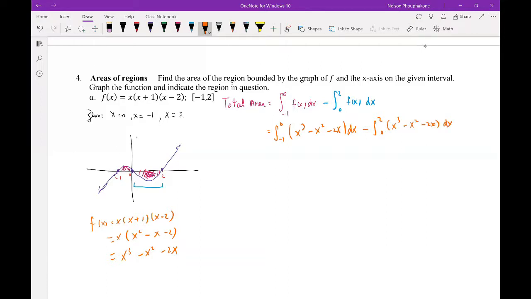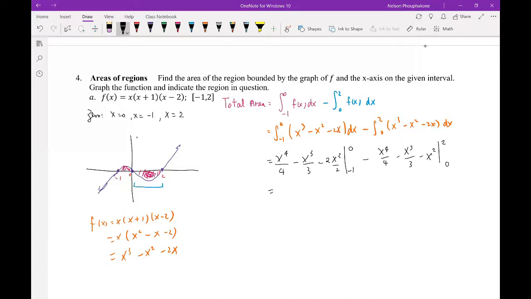Okay, then now it is x to the power 4 over 4 minus x to the power 3 over 3 minus 2 times x squared over 2, minus the same thing here. Okay, so now let us try this.